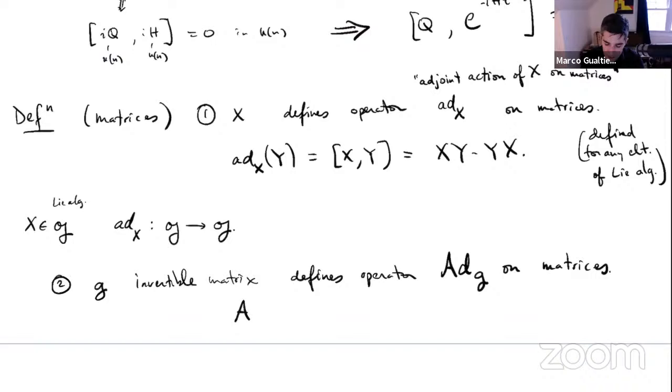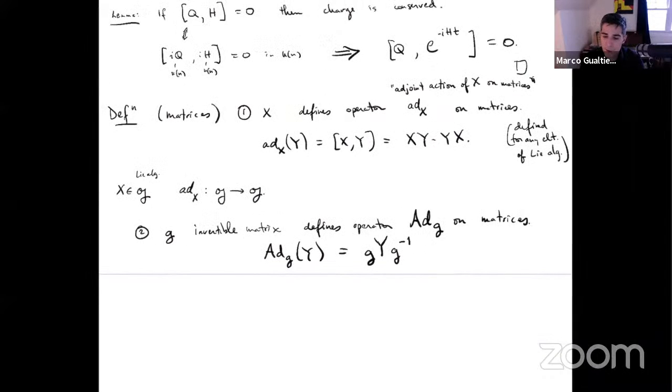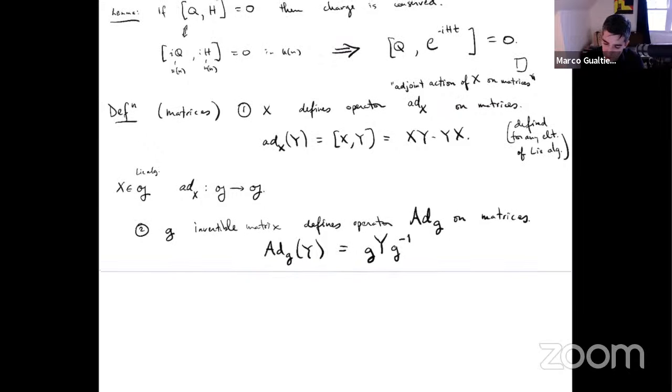And this one acts on a matrix by conjugation. So you need that G is invertible in order for this to make sense. So this is called the adjoint or conjugation action of a Lie group on its Lie algebra.